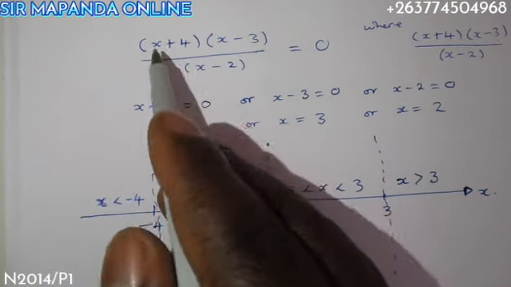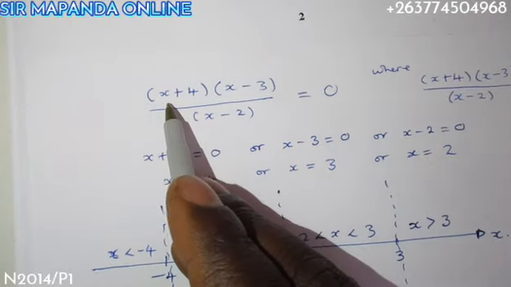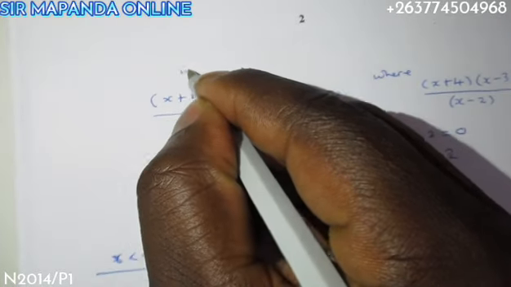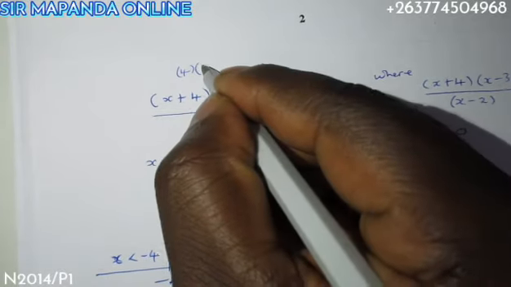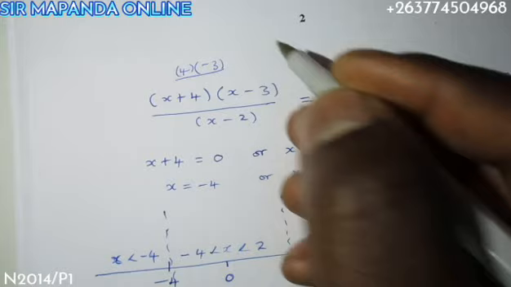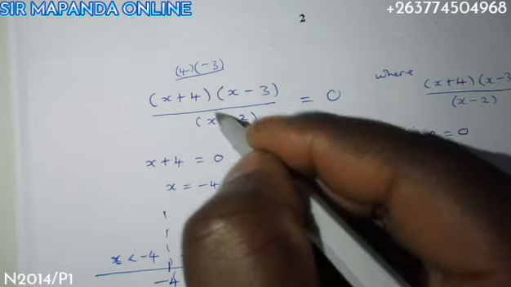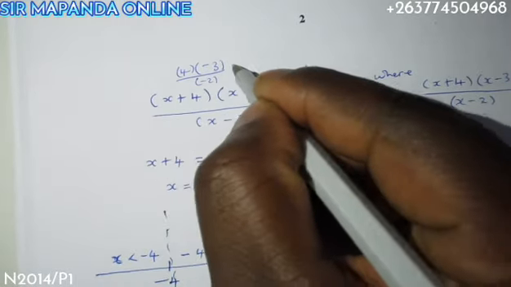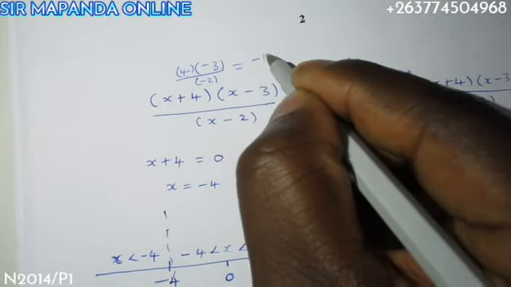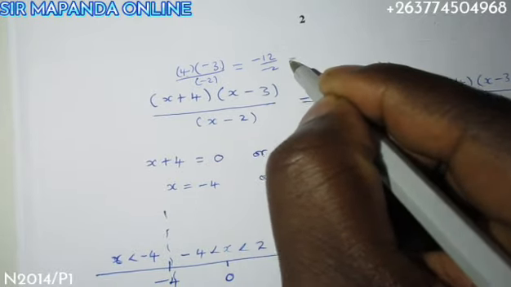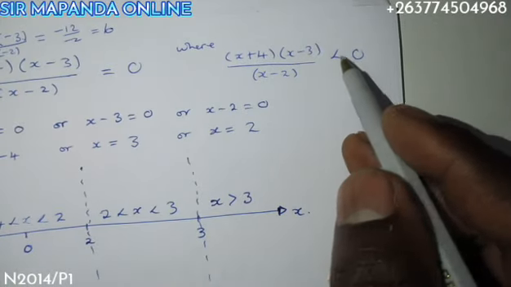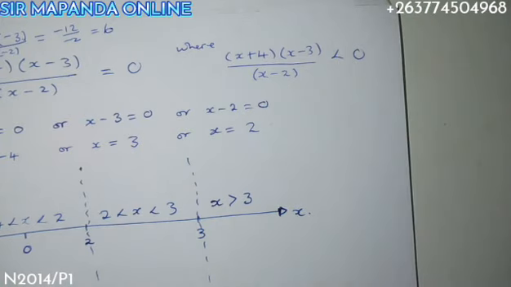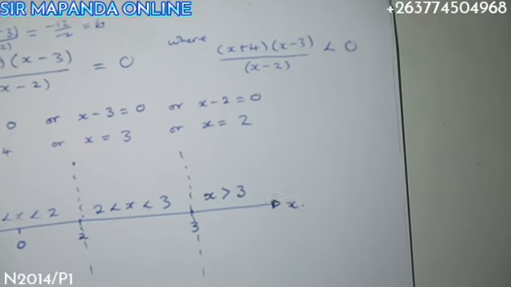Right, so if we put 0 in x plus 4, you are going to be left with 4. If you put 0 in x minus 3, you'll be left with -3. Then if you put 0 in your denominator, you'll be left with -2. 4 times -3 gives you -12, divided by -2, which is 6. So remember, our region is less than 0. It was greater before, but since we multiplied both sides by -1, the inequality was reversed to become lesser than 0.